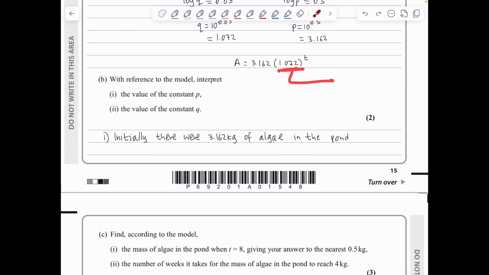Now, a multiplying factor of 1.072 corresponds to an increase of 7.2%, which simply means that every week the mass increases by 7.2%. Be careful here, you need to give your answers in context, so you need to mention the algae, the pond, in order to get both marks.